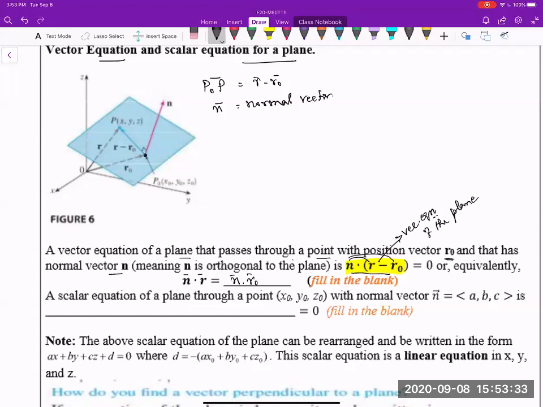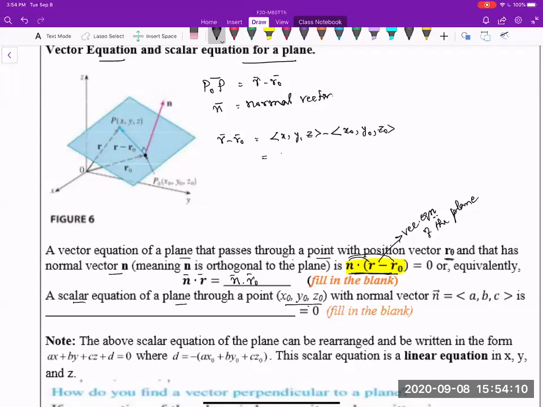Now how do we write the scalar equation? The scalar equation of the plane through the point x0, y0, z0 with a normal vector n which has components a, b, c is given by, so all that we are going to do is take this vector equation and do the dot product. So n dot (r minus r0), where r minus r0 is the vector x, y, z minus the vector x0, y0, z0.